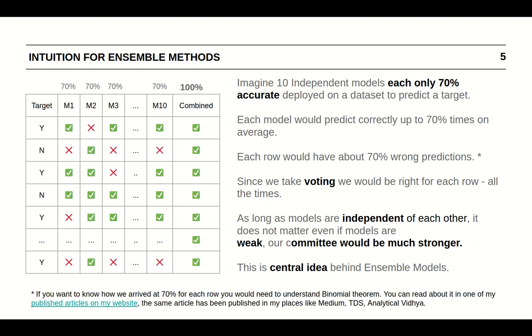Once we have individual predictions, we combine them, and that way we can use it for both classification and regression problems. Now, the way these models can be put together is sequentially or in parallel.